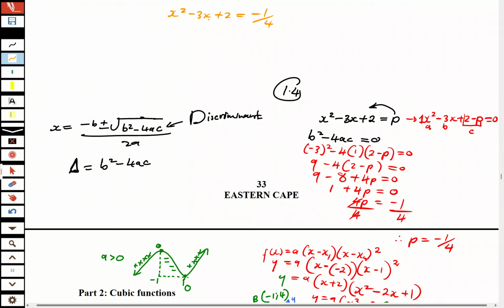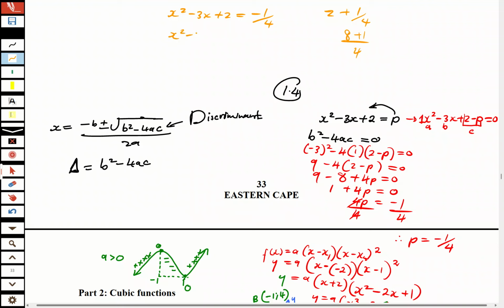When you take this to your left, you'll have 2 plus 1 over 4, which is 8 plus 1, that's 9 over 4.